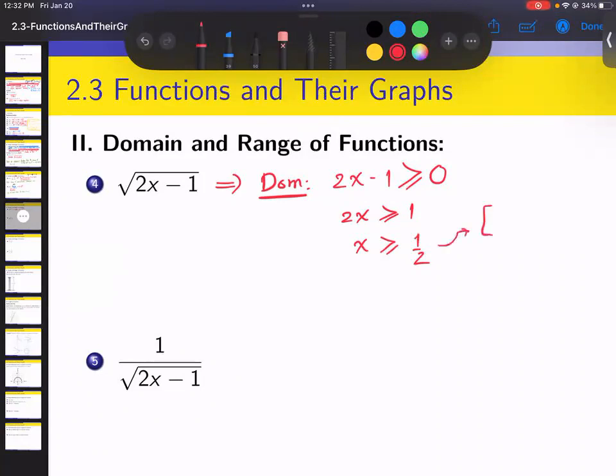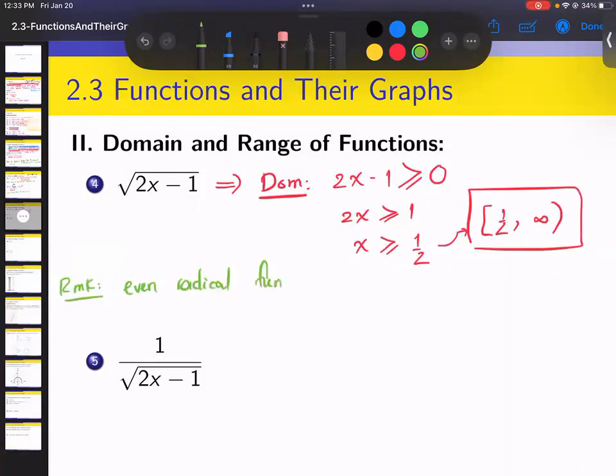If I write this in interval notation, because 1/2 is included, we're going to use a bracket, and it goes all the way to infinity. Even radical function: set the radicand greater or equal to 0 and solve.